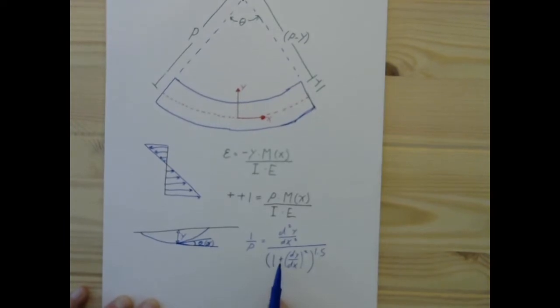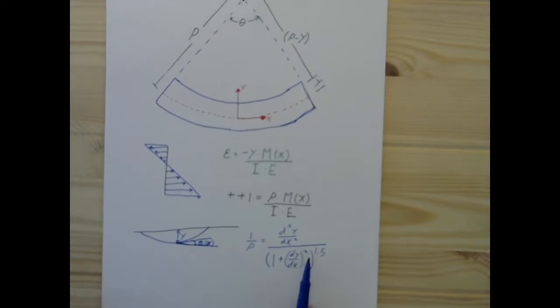And that looks very ugly, and presumably some of you are pretty terrified of having to deal with that. But remember that this value, the slope, is actually going to be quite small in all of these cases for any realistic beam. So this is going to be quite close to 0.